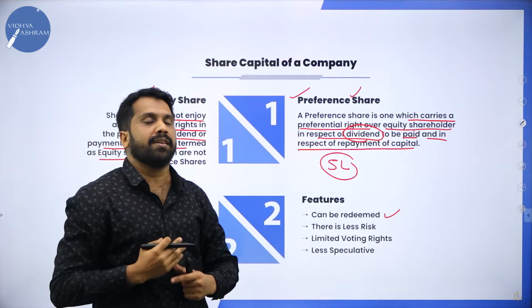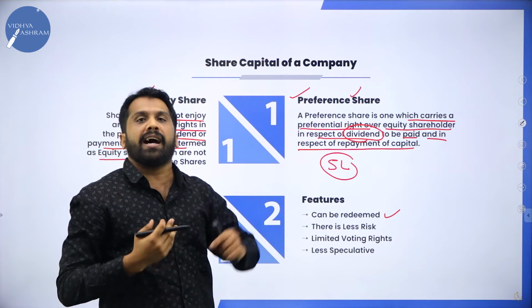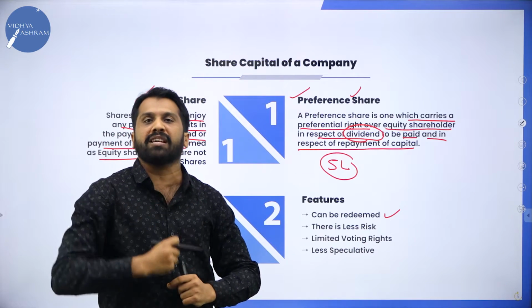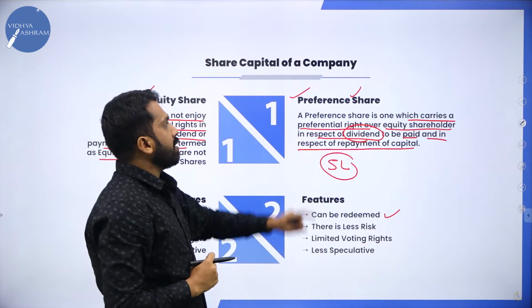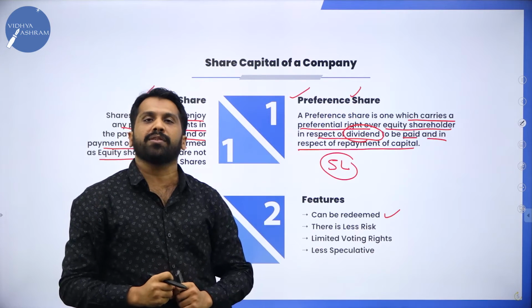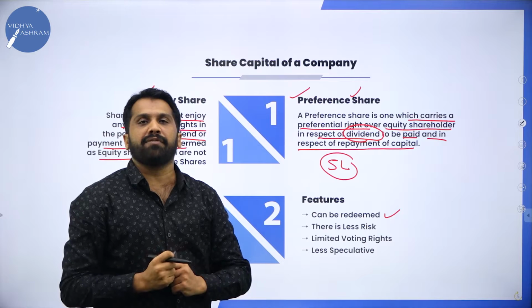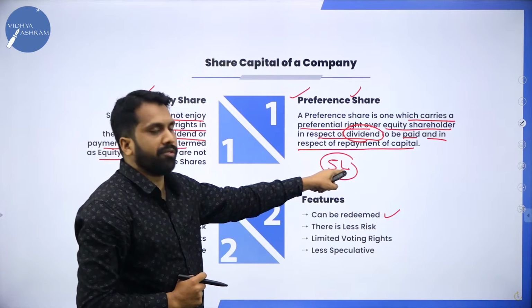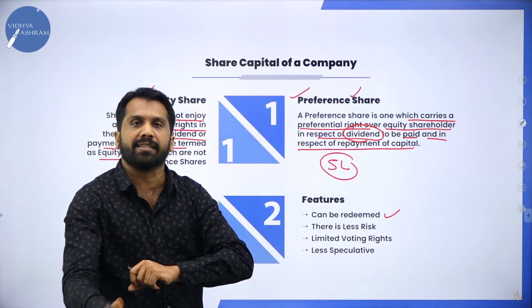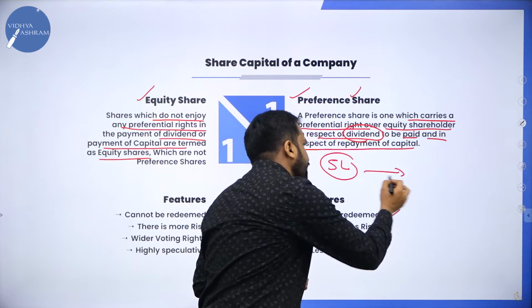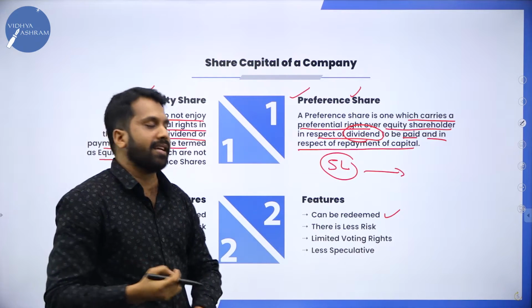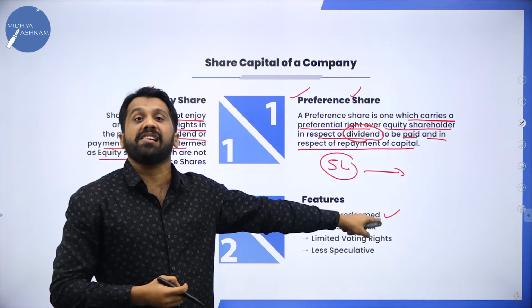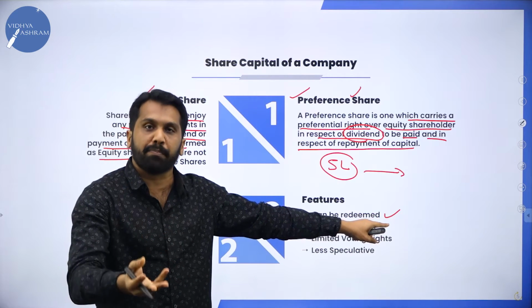For example, I am running a business and I have taken 5 lakh from the public. Those public are called preference shareholders. After 5 years, whatever 5 lakh I have taken, I will give it back. That is called can be redeemed, meaning can be repaid.